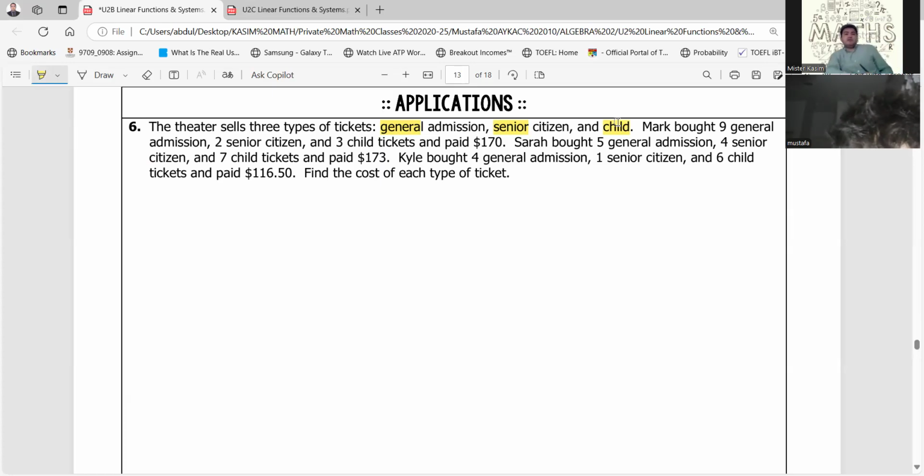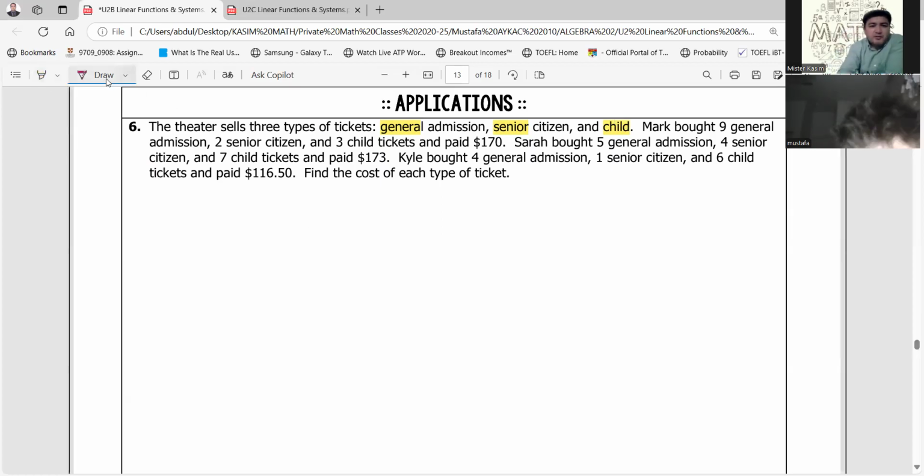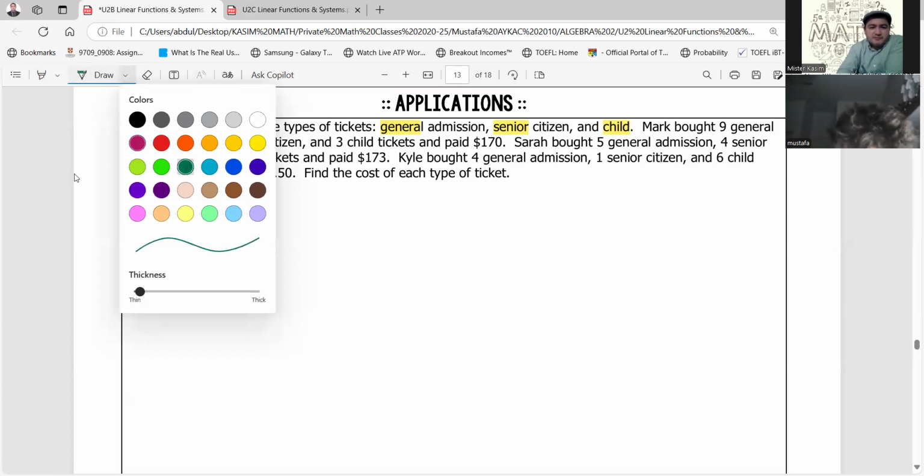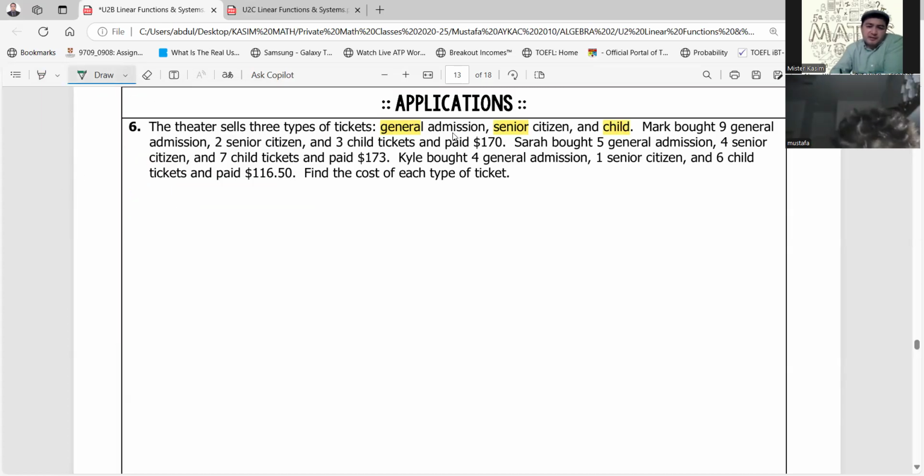Okay, in algebra 2 also, this is not very complicated. Usually linear equations are not very complicated. So we are talking about three different tickets: general admission, senior citizen, and child. Let's say each general admission ticket is X dollars, senior citizen is Y dollars, and child ticket is Z dollars.